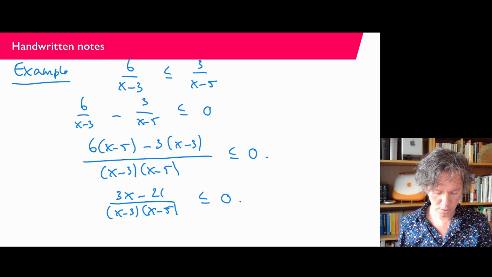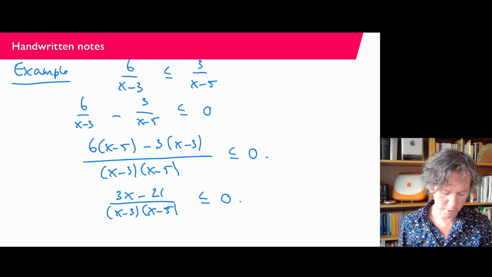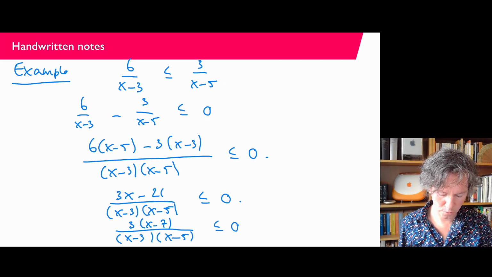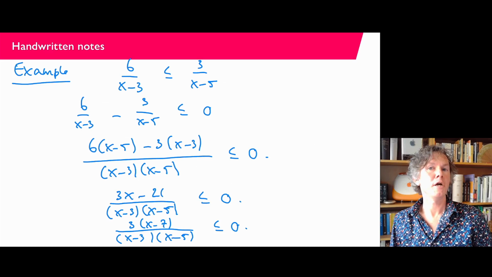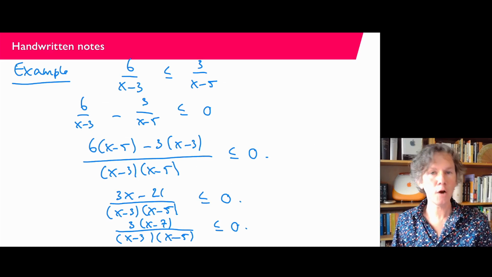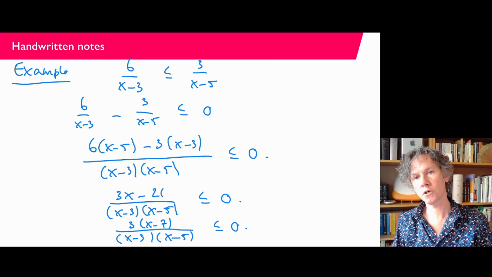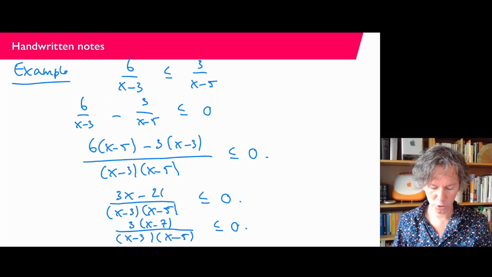And if you like, you can write that as 3 times x minus 7 over x minus 3, x minus 5 less or equal 0. So this was the preparation phase, if you like. Now we make a sign chart, and then from the sign chart we read off what it should be.